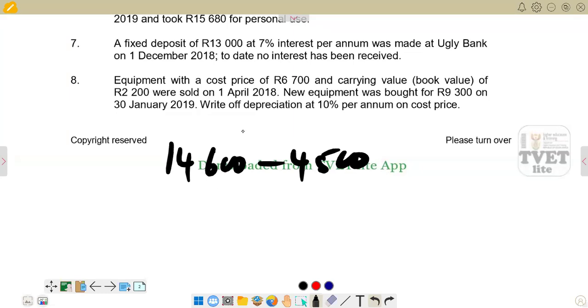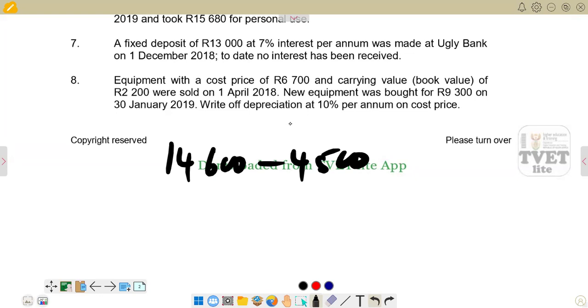It means now after removing the accumulated depreciation of the one that was disposed, which is 4,500, from the accumulated depreciation that we have at the beginning, we remain with the accumulated depreciation for the old equipment that was there. You can just leave it like that, because we are going to make other adjustments in terms of addition of the depreciation of those equipment that stayed in the business for the whole year.